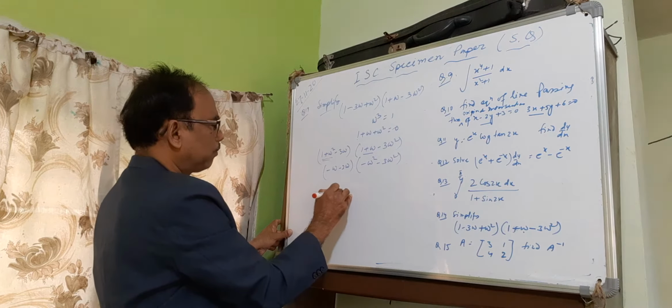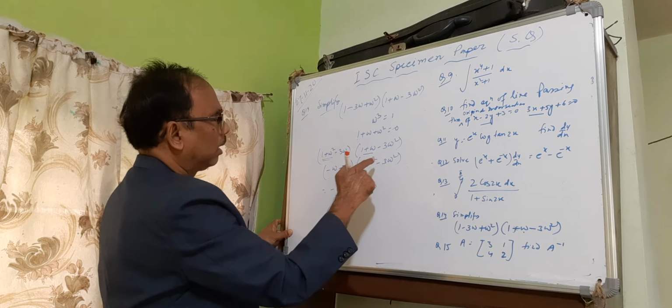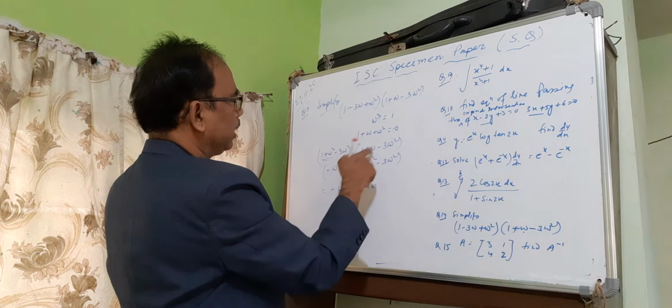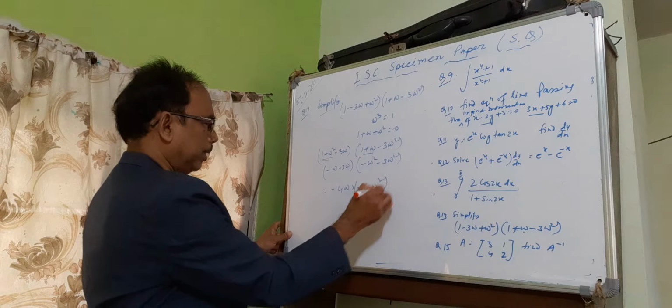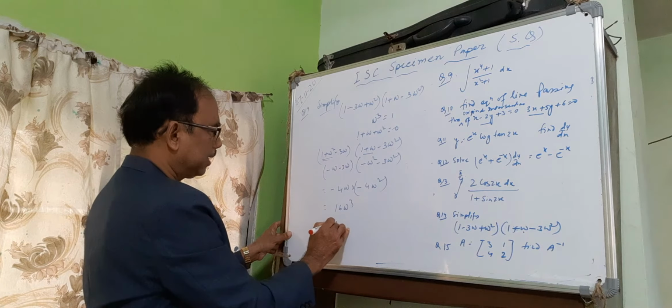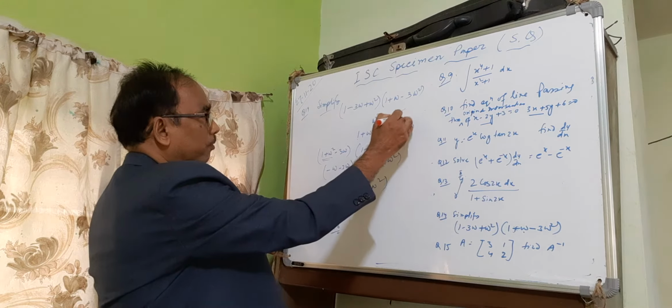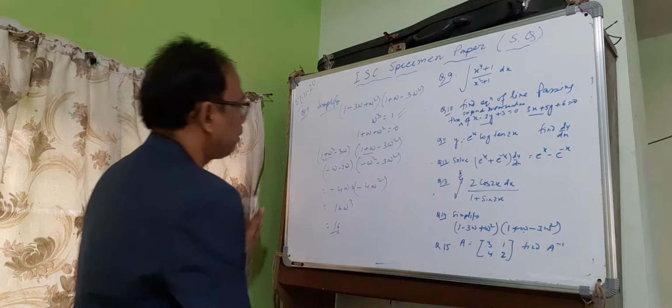That is minus 4 omega into minus 4 omega square. That is 16 omega cube, and 16 is the answer, because omega cube value is 1.